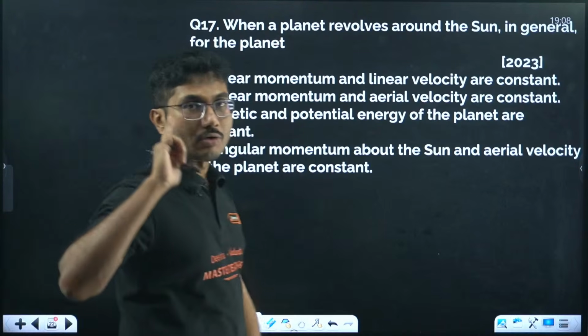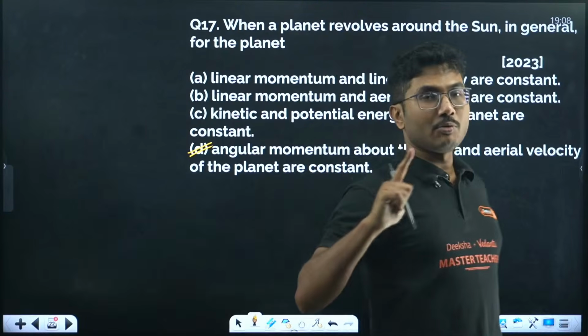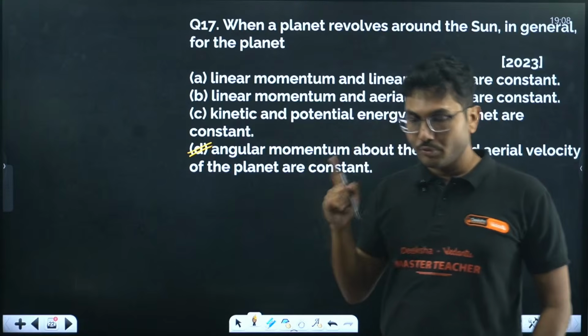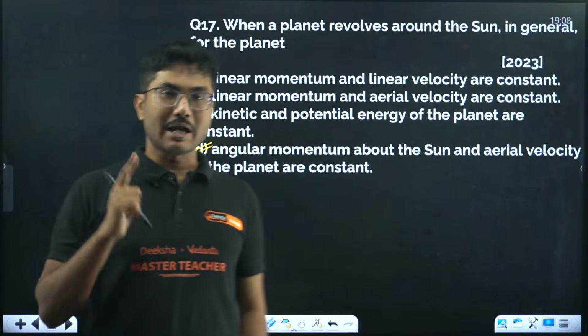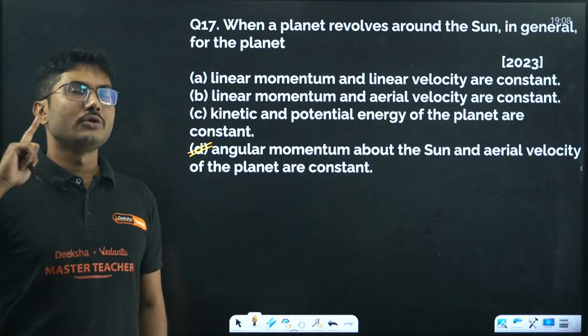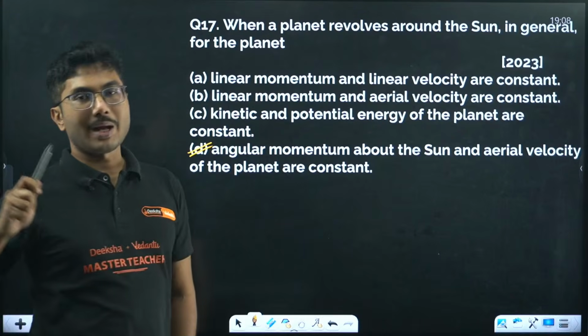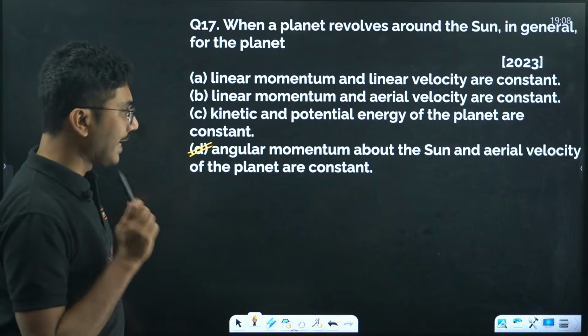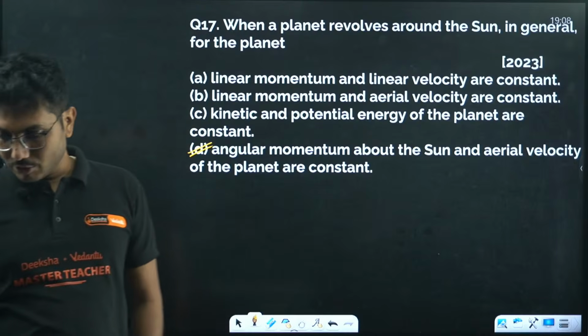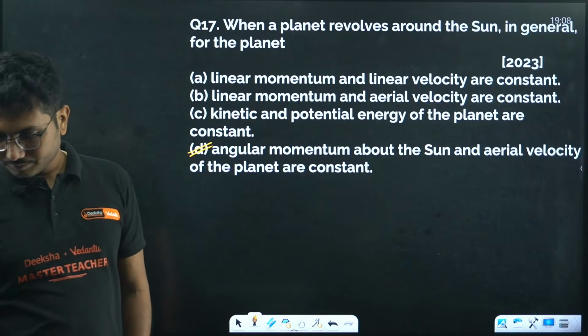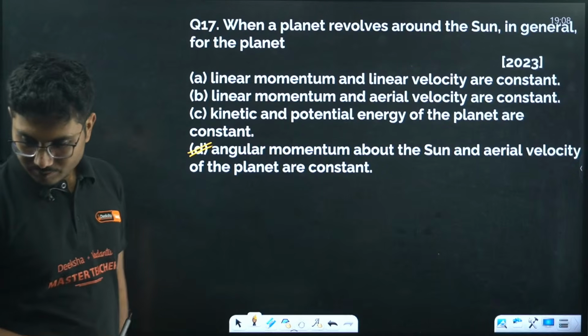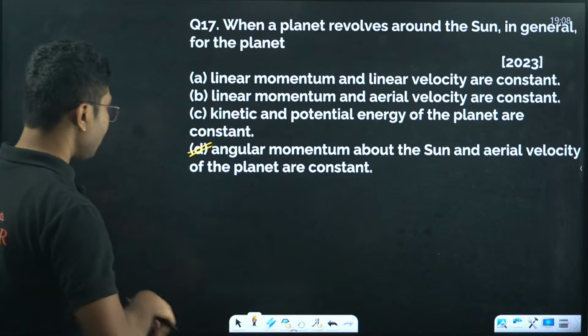Linear momentum is not constant. Linear momentum would have been constant if there was no force acting on the system. Here gravitational force is acting on the system, so linear momentum is not constant. Only angular momentum and areal velocity of the planet are constant. So option D is correct. Still some of you are answering wrong.